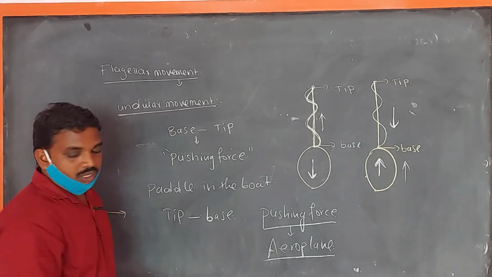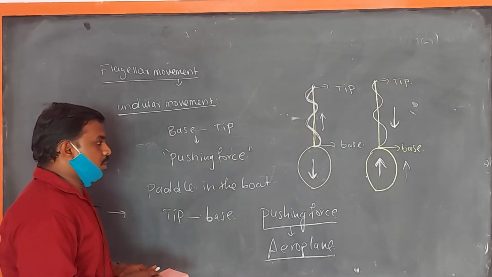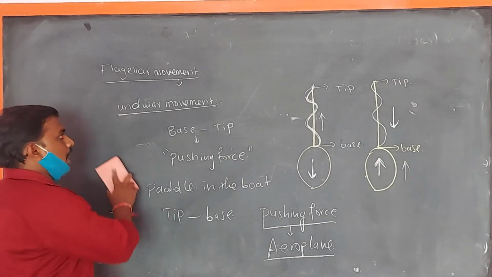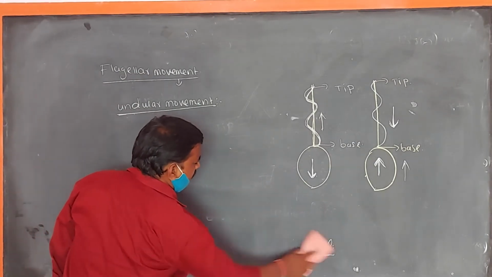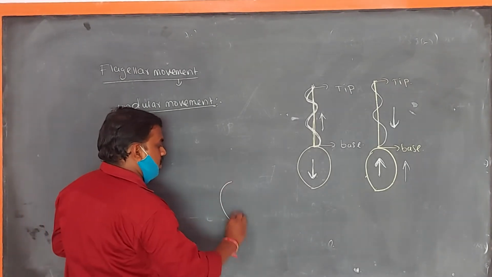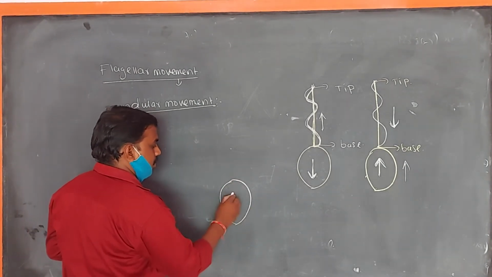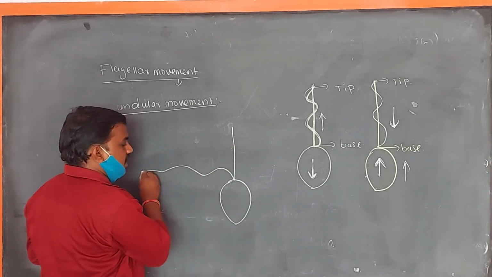Next one, the sidewise lash movements. Another movement is also present in angular movement. This is the organism axis, and these are the flagella.